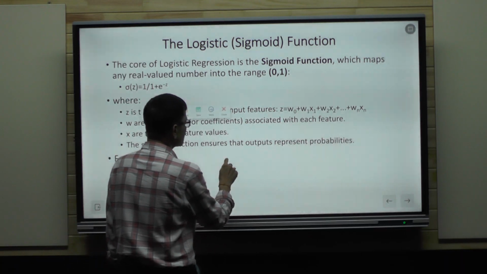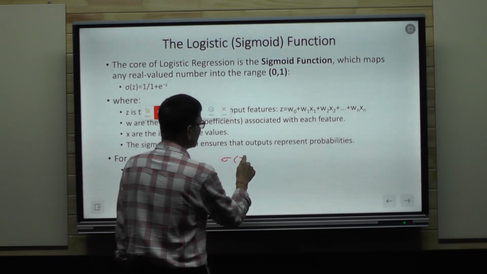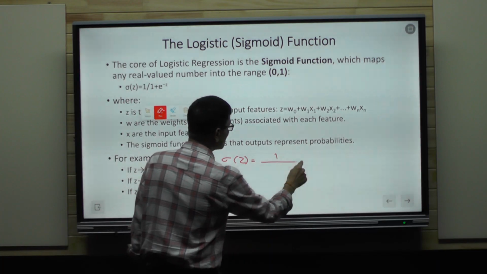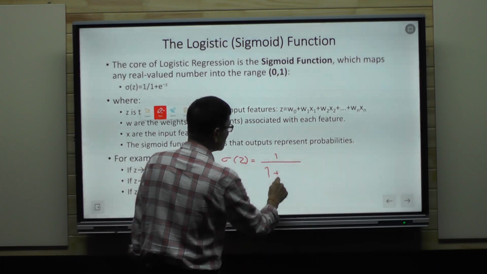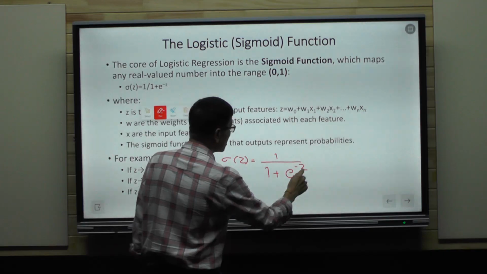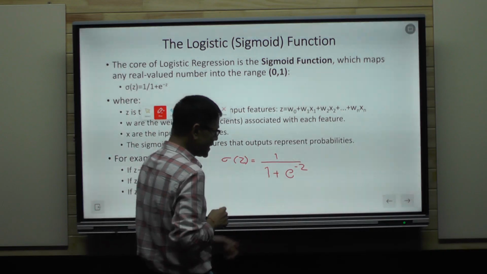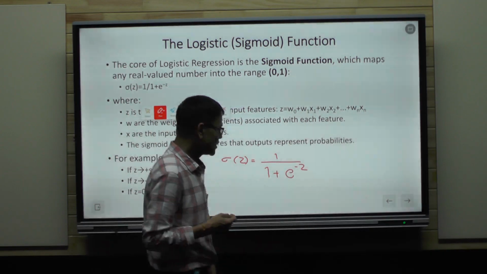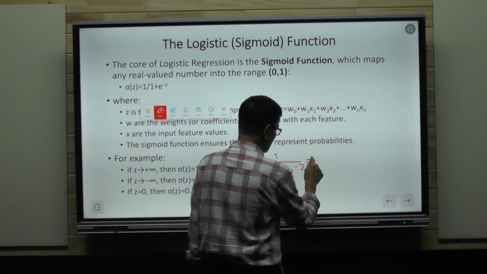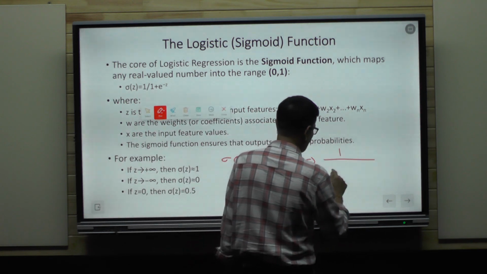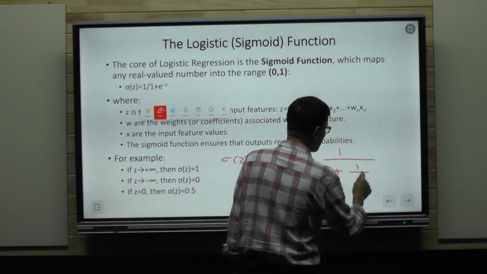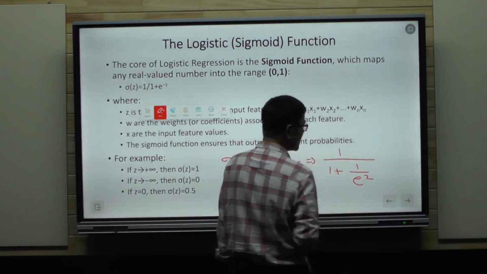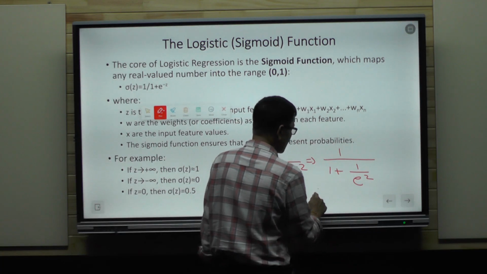So the function is rho of z equals 1 upon 1 plus e to the power minus z. If the value of z increases, this function can be rewritten as 1 upon 1 plus 1 upon e to the power z.